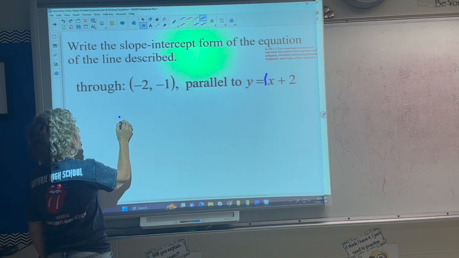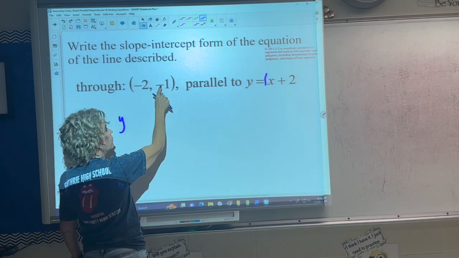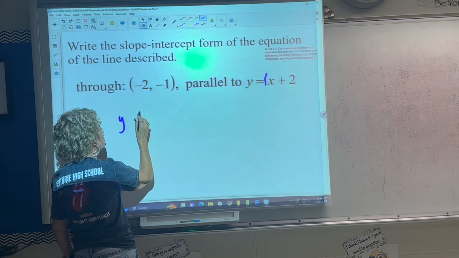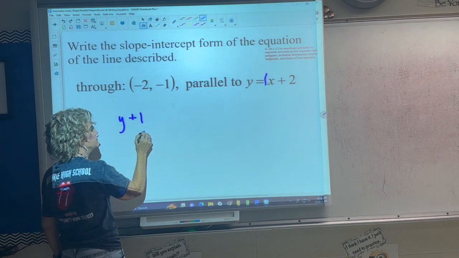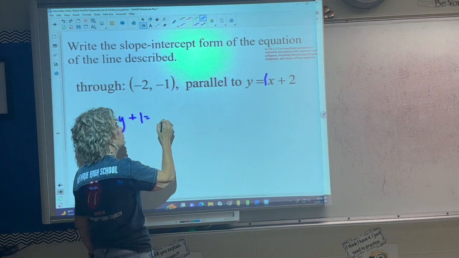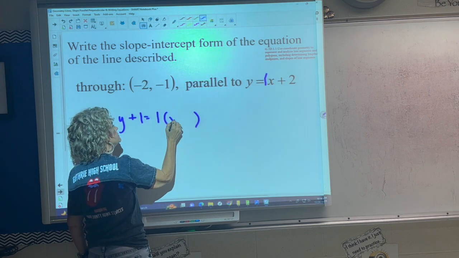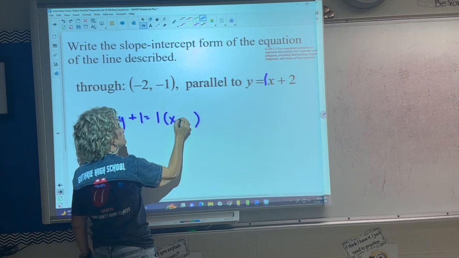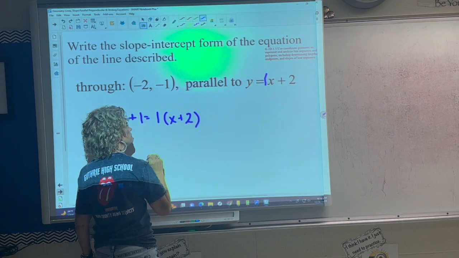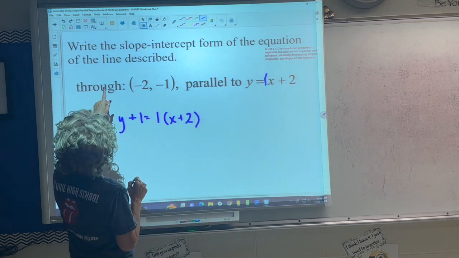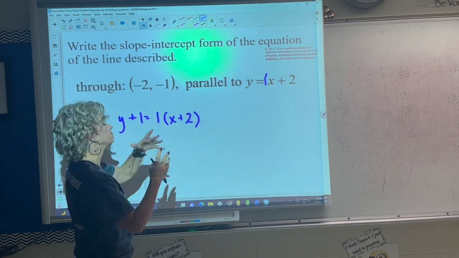Point slope form. y minus my y coordinate, minus a negative 1 is plus 1, equals my slope, which is 1, times x minus a negative 2 is plus 2. And they told me to put it in slope intercept form.